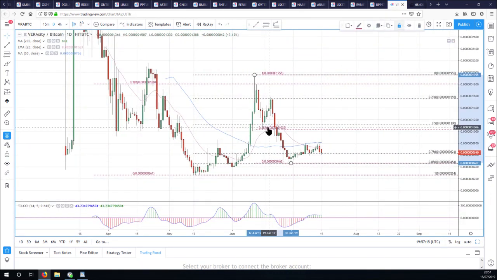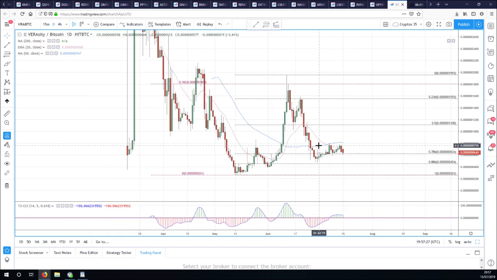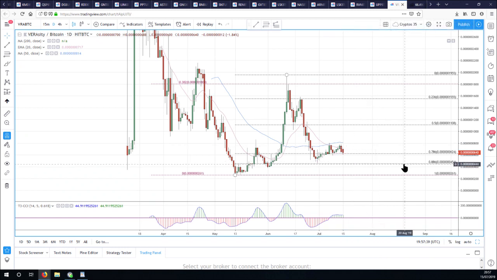This shape, I have to say, doesn't make me want to buy it. When you have sharp drops and then the recoveries are choppy, overlapping, can't make a new high, and here we've got a bearish cross of our moving averages, this says to me that this is potentially getting ready to retest the lows, and so it makes me a little bit nervous. So that's the bearish argument.